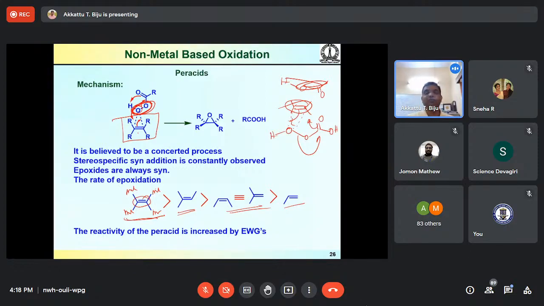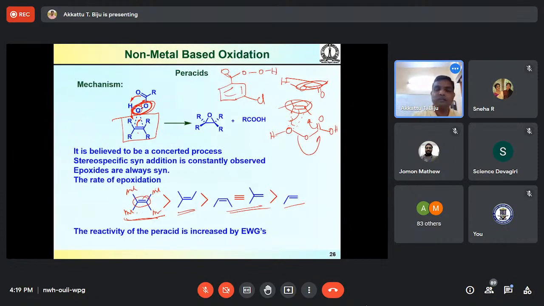The reactivity of the peracid is increased by electron withdrawing groups, because when an electron withdrawing group is present, that will make it further electrophilic. The typical peracid used in epoxidation reactions is metachloroperbenzoic acid.